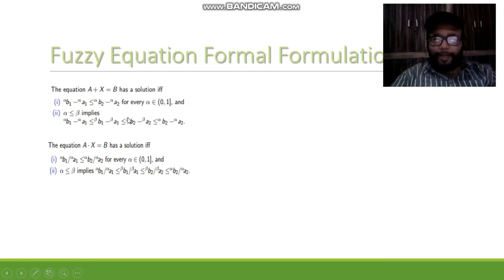So for the right hand side, the beta cut is less than or equal to the alpha cut, which means the right hand side number will come larger. And if we take the multiplication operation, similarly this happens for multiplication. The b1 by a1 alpha cut is less than or equal to the b1 by a1 beta cut, and the reverse for the right hand side.